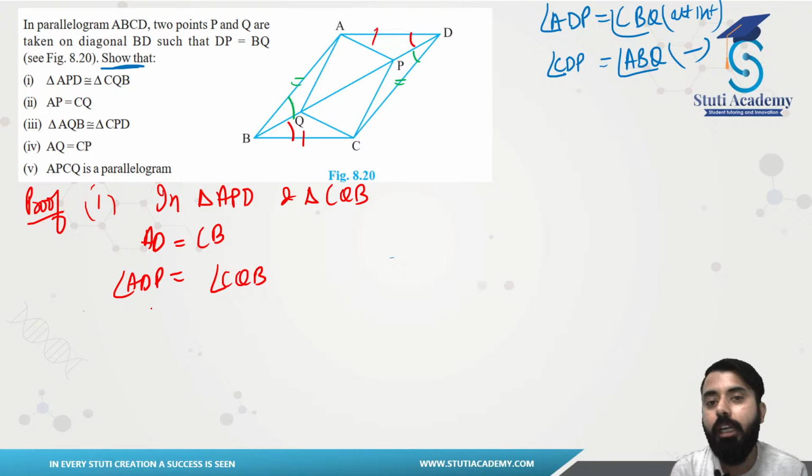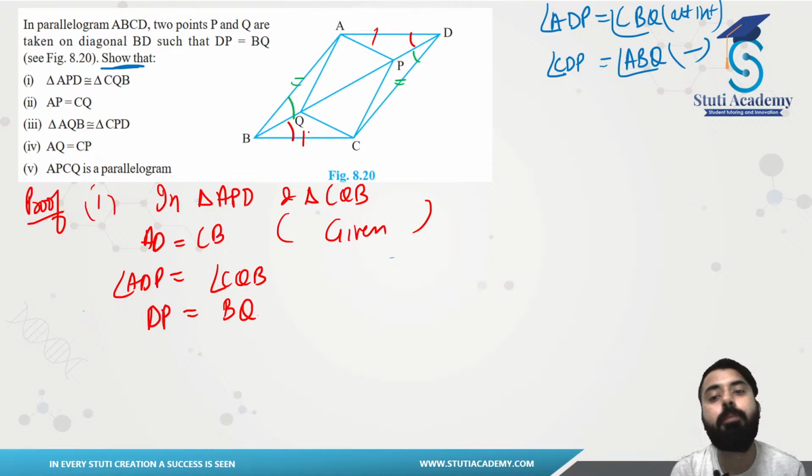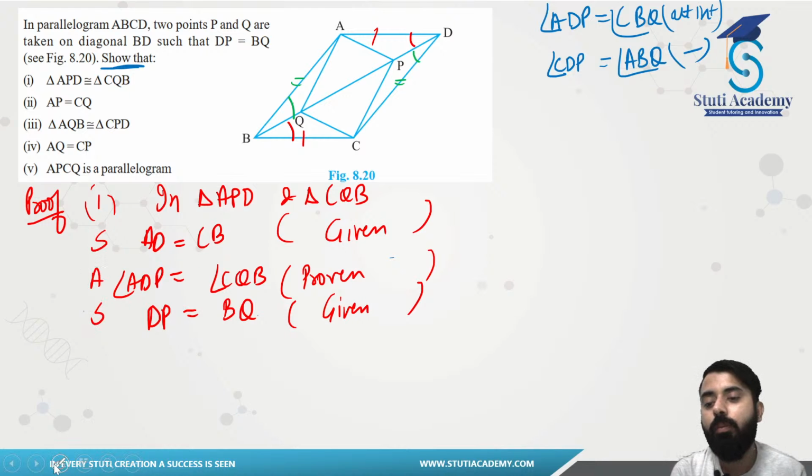And one more thing, I know DP is equal to BQ. Sorry, it is BQ actually, not CQ. So you guys see, this is given as it is the property of a parallelogram. This is proven because they are the pair of alternate interior angles. And lastly, this is given to me, right?